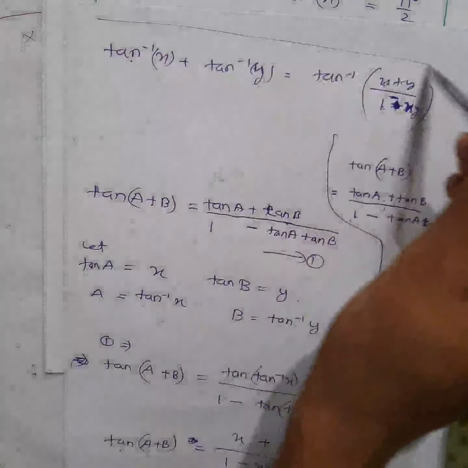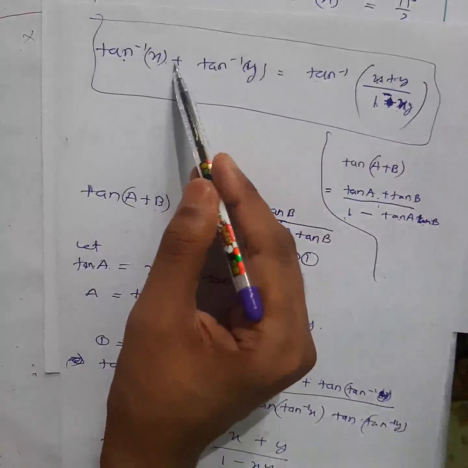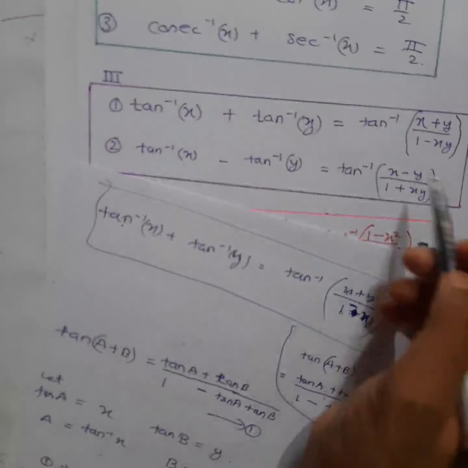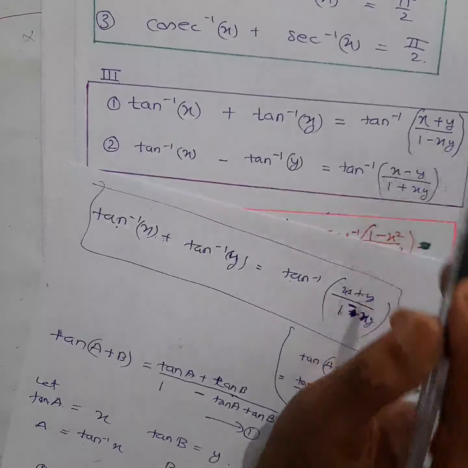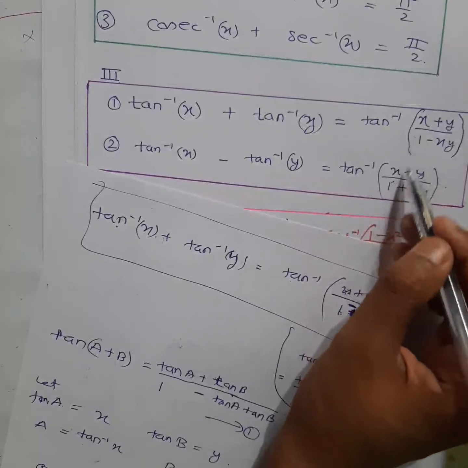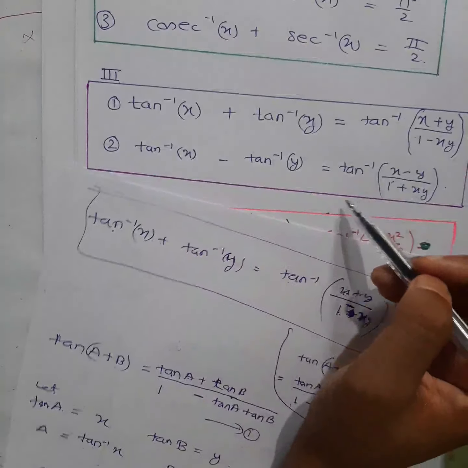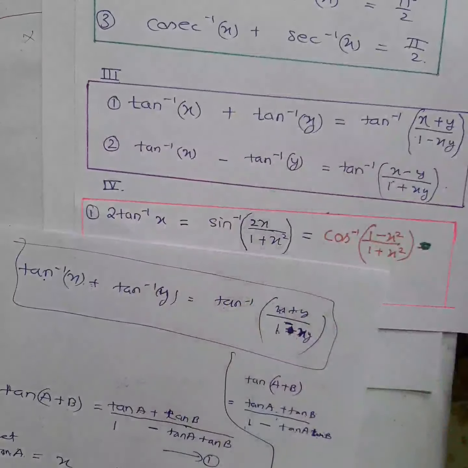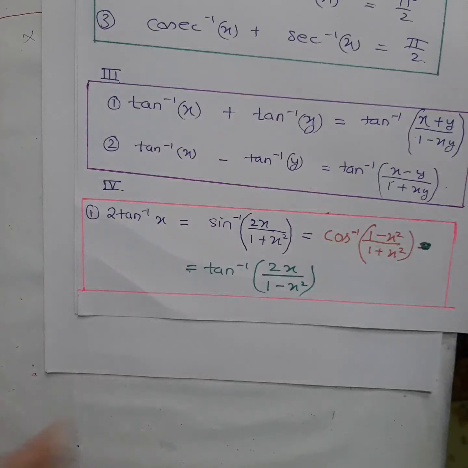So this becomes your formula. Same way, if you take minus here, this will become minus, this will become plus. Same way you can derive this formula. Now this is also defined for some values of x and y only. I will discuss that a little later, when we do the exercise. For the time being, remember this formula.